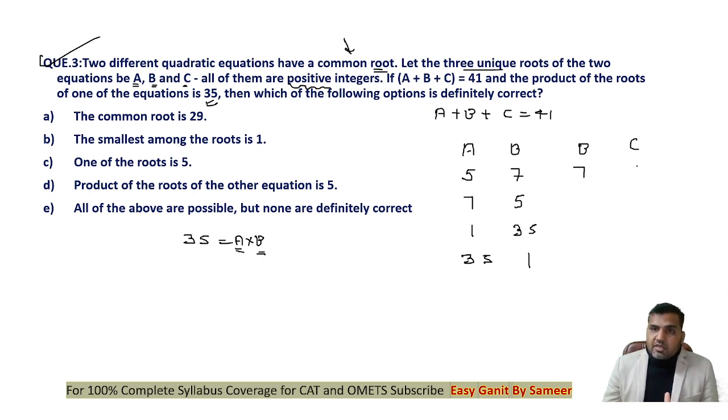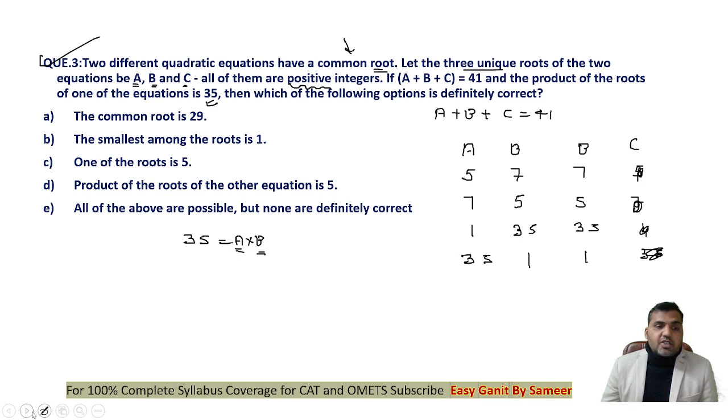Now here b is 7, c is 5. In this case b is 5 here, so c will become 7. If this is 35, this is 1, this is 1, this will become 35, right? So these are the four possible cases I have. No, sorry, this summation has to be 41.